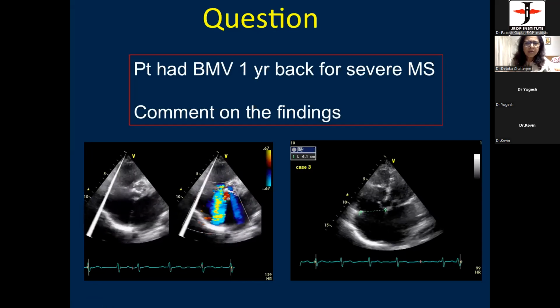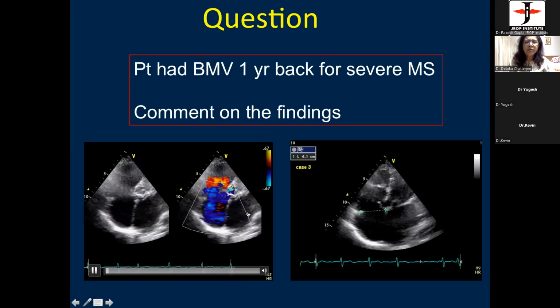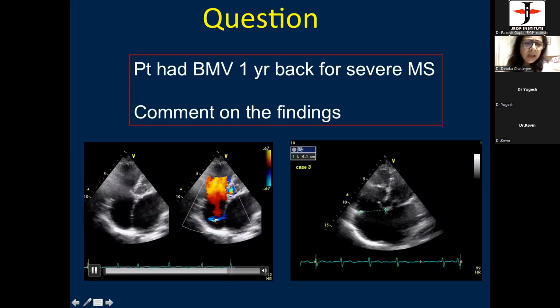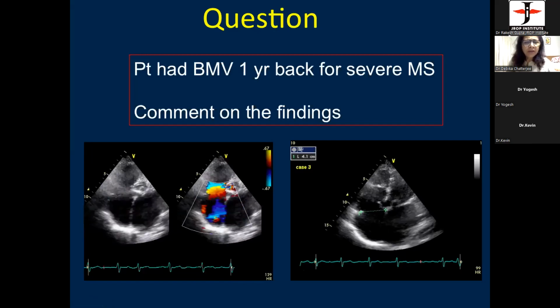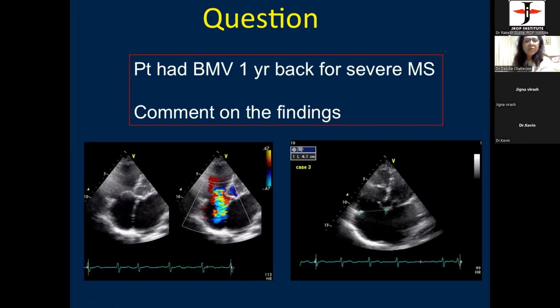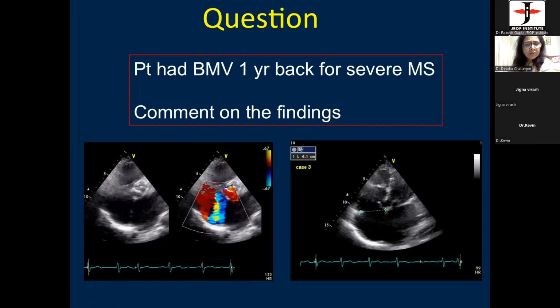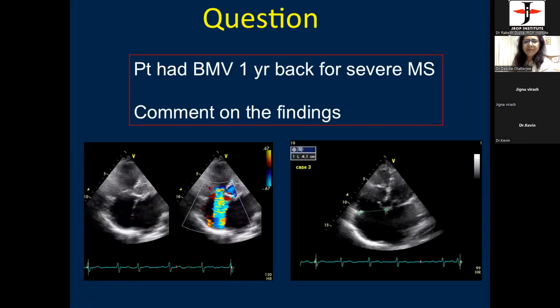I have not read about this. It should be 7 millimeters. There is another finding in the color flow. Ma'am, acquired PFO from the past BMV. Yes, very good.